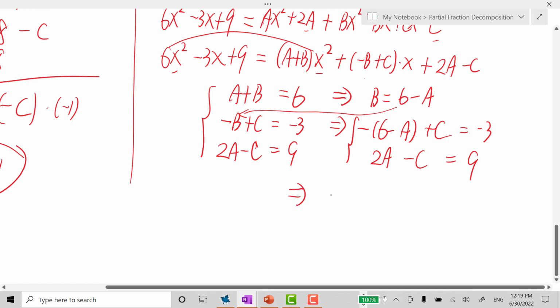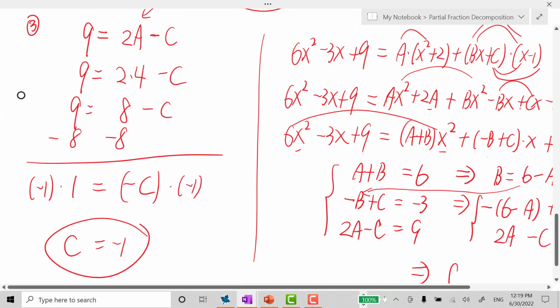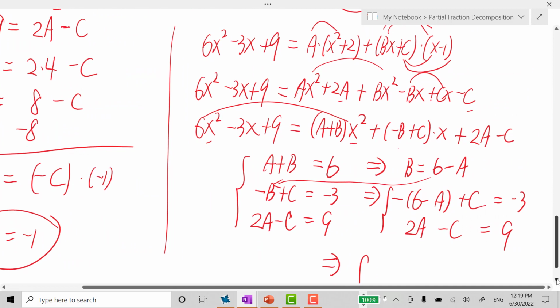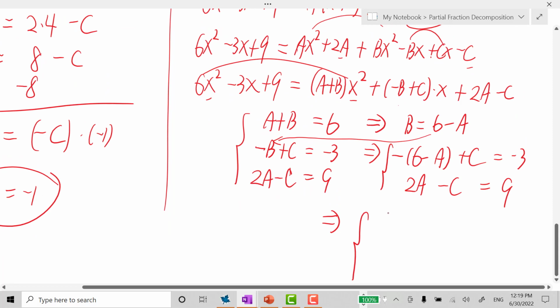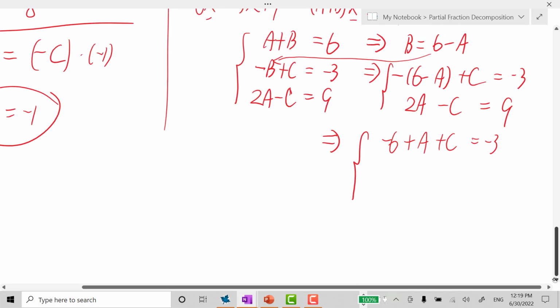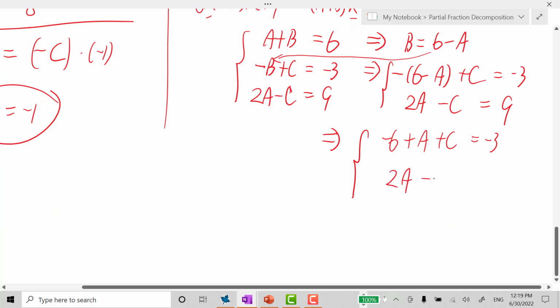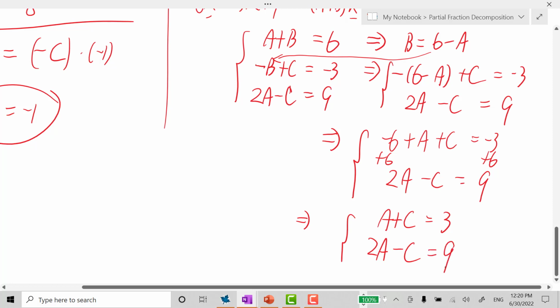Simplifying, negative 6 minus a plus c equals negative 3. Move that 6 to the right-hand side, adding 6 on both sides, so we get a plus c equal to 3. Then 2a minus c equal to 9.